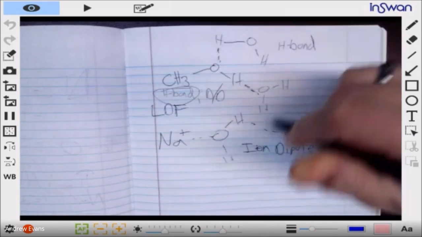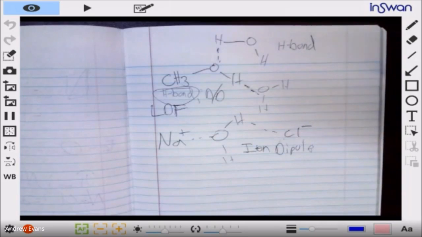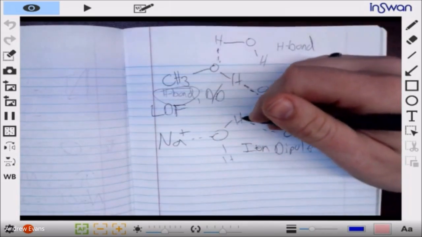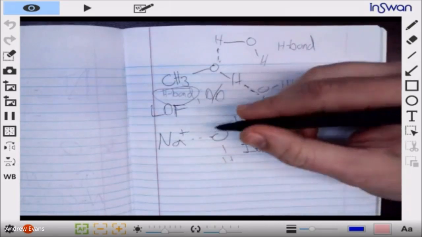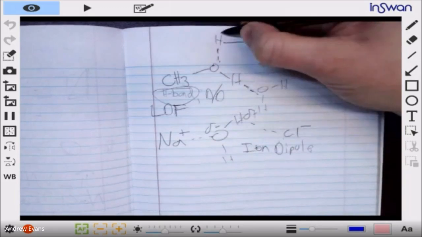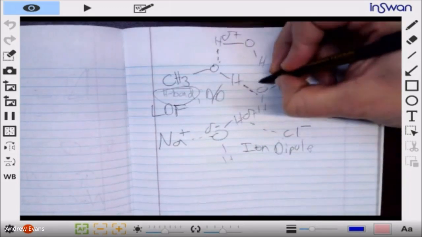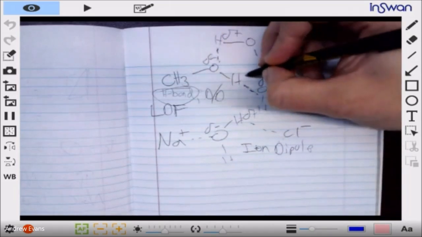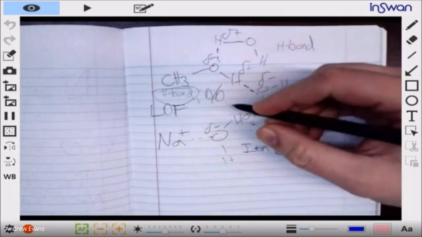Sodium chloride can split into various ions. The negative is attracted to the positive hydrogens, and the positive is attracted to the negative oxygens. Just putting the partial charges on there.